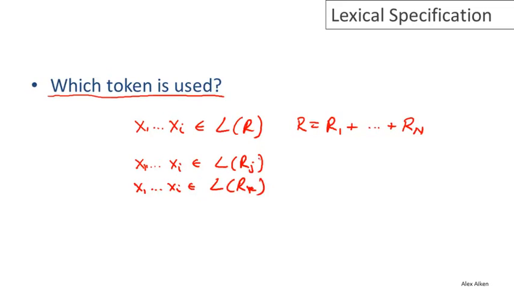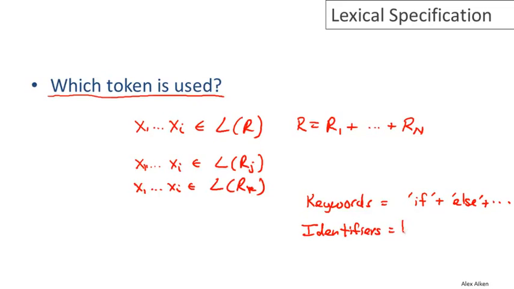So, for example, just to make this concrete, recall that we could have a lexical specification for keywords, which would be things like if, and else, and so on, and also for identifiers. An identifier was a letter followed by a letter or a digit, repeated.